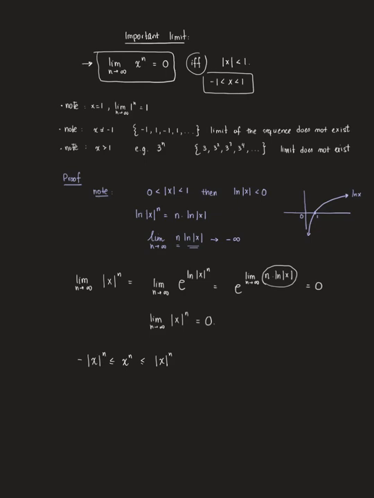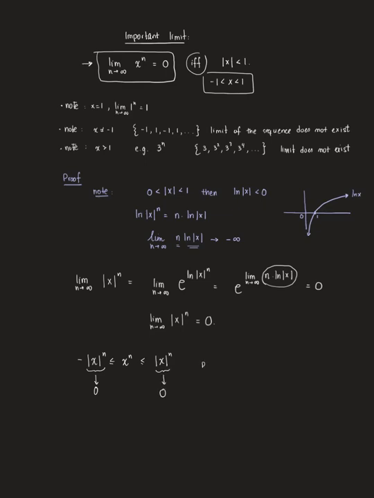Now, by the sandwich theorem, as n approaches infinity, we know this thing is going to go to 0. And we've just proven, right, negative 0, which is 0. And this thing is also going to go to 0 by what we just proved.